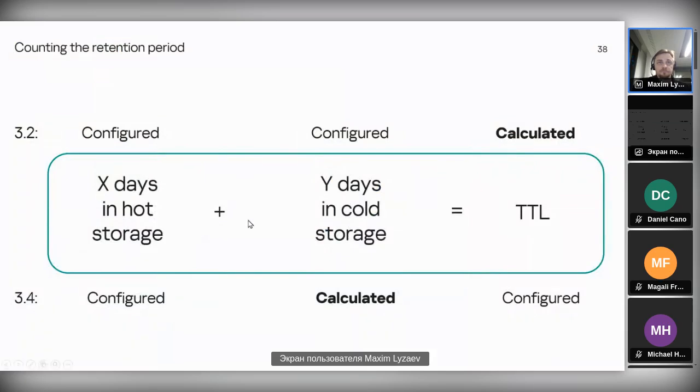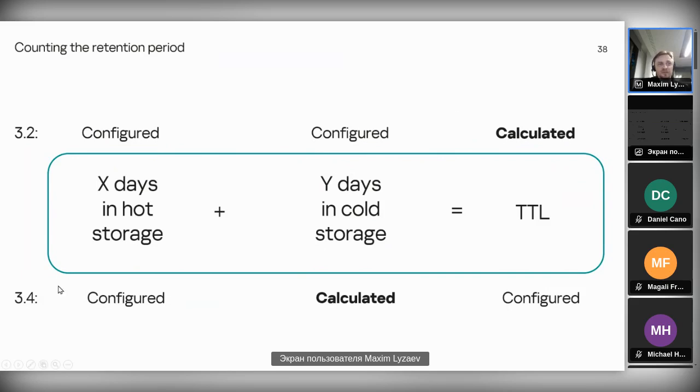And because of this changed logic in the configuration, we had to change our approach to calculating the total time for event storing, so the TTL for the particular event. In KUMA 3.2 and earlier, we configured a number of days for hot storage and a number of days for cold storage, and after that we could calculate the TTL for the event.